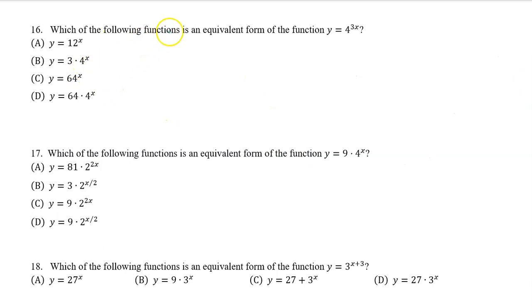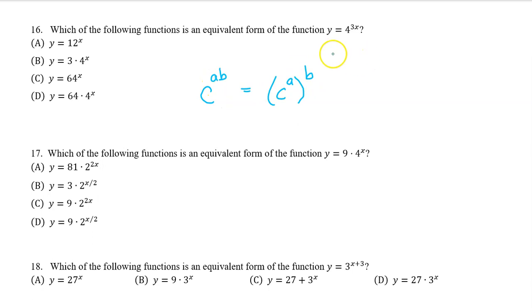16. Which of the following functions is an equivalent form of the function y equals 4 to the 3x power? Looking at the answer choices, they all have just a single x as an exponent, nothing multiplied. We have learned that c to the ab power is equivalent to c to the a power all raised to the b power, because when you raise a power to another power, you multiply.